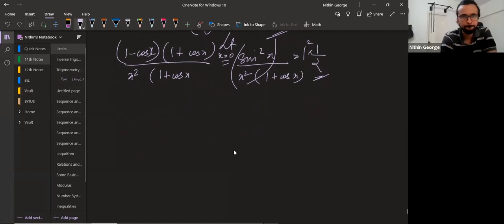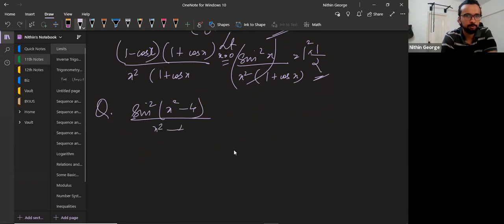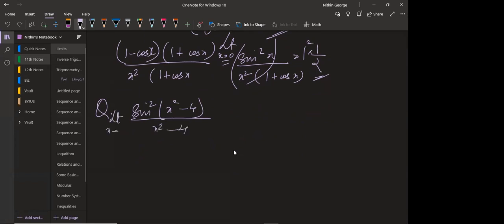Now, sin of x square minus 4, divided by x square minus 4, when x tends to 2.